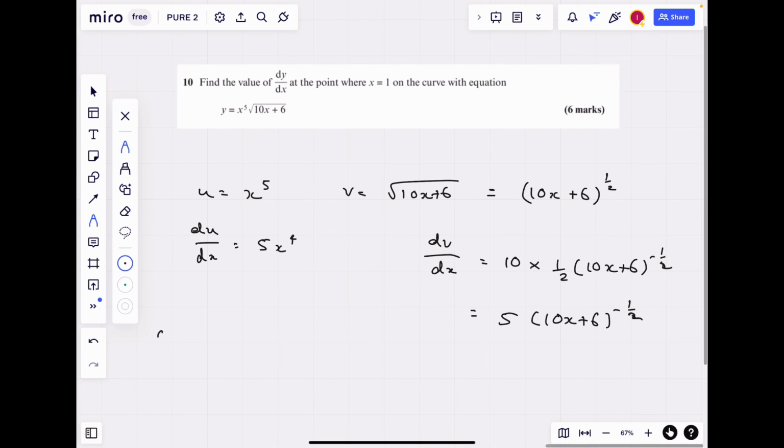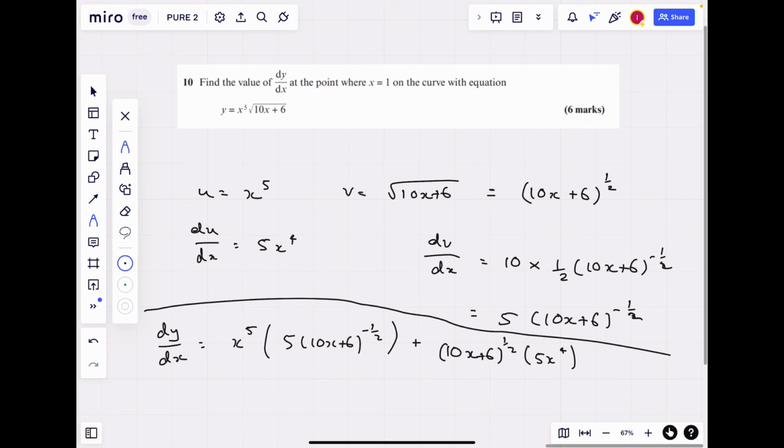So now, using the product rule, we're going to do u times dv by dx plus v times du by dx. Let me draw a little line there. There we go. That is after using the product rule.